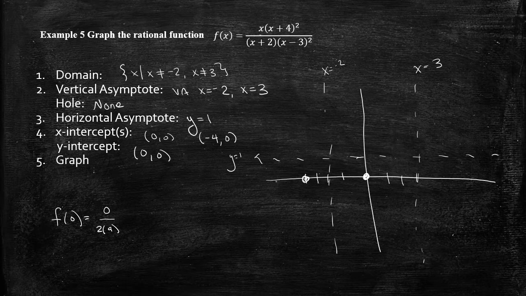Okay, so a couple things are different about this function. -4 is a zero with multiplicity 2, so the graph will touch at that x-intercept. So the zeros, we have 0 and -4, multiplicity 1 and 2, so we'll cross at the origin but touch at x equals -4.